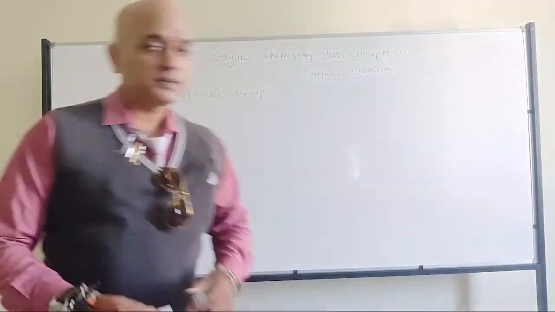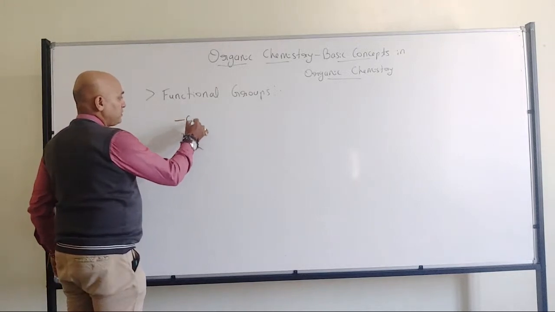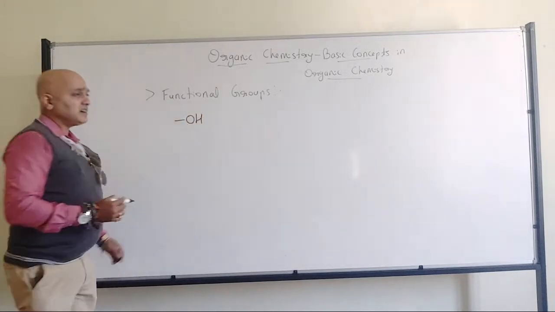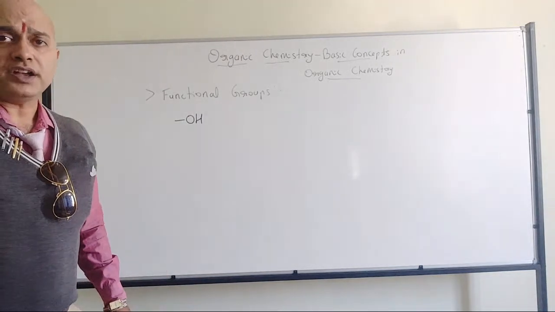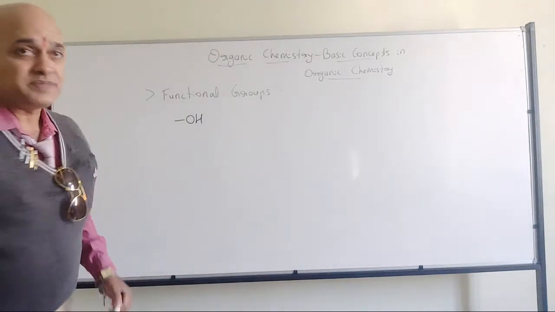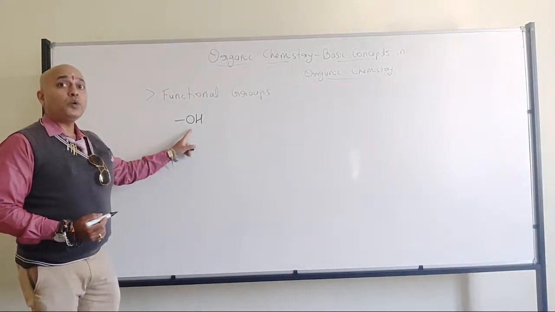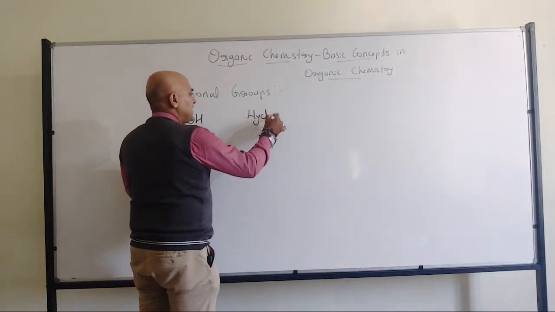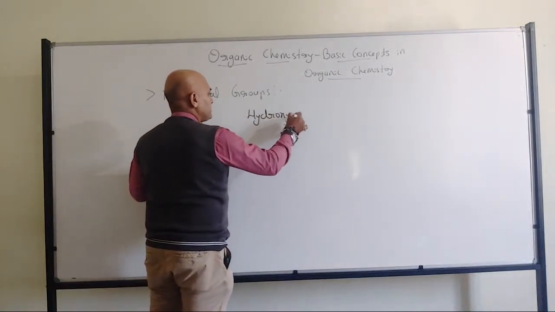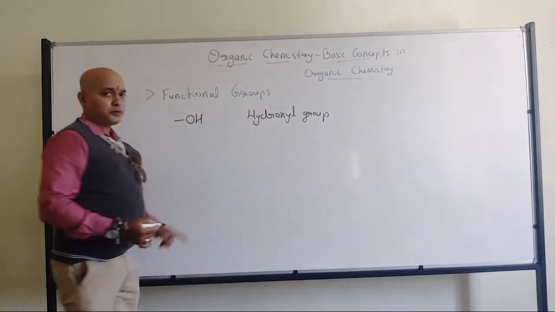Okay, any doubts? In the same way, we have another important functional group, besides carboxylic acid, aldehyde and ketones, and this one. They are all a bit important, and very often you will come across them. That is OH. As a molecule, we used to call this one the hydroxyl group.